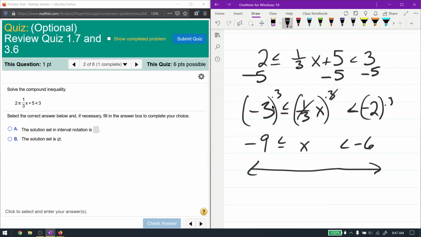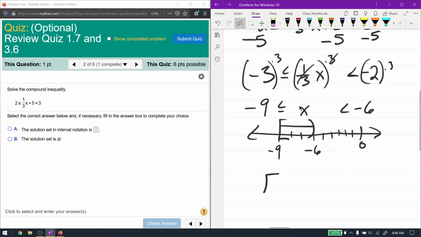So we have 0 here, 1, 2, 3, 4, 5, 6, negative 6, negative 7, negative 8, and negative 9. It includes negative 9, but it does not include negative 6, and it's bounded between those 2 sides. So our interval notation then is going to be from negative 9 up to negative 6, and not including that. Make sure you start with the lowest number.